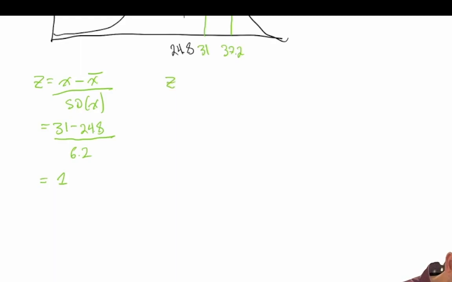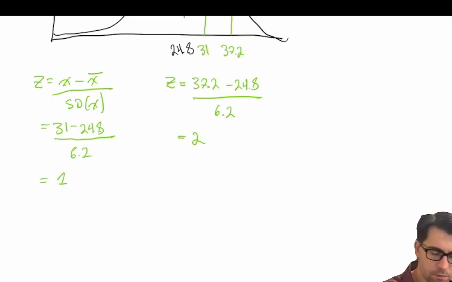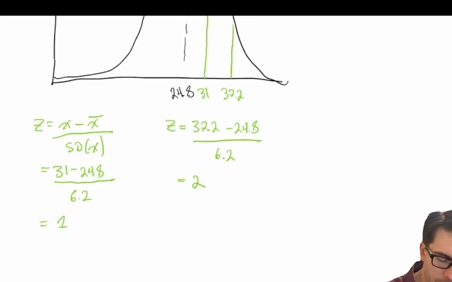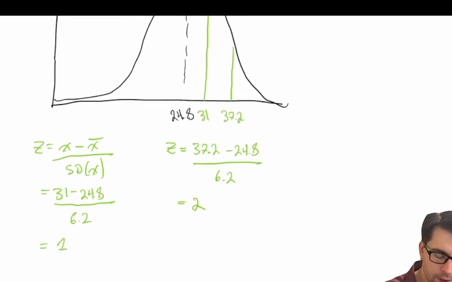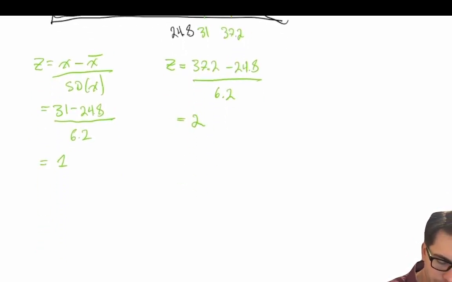Now our z-score associated with a value of 37.2, so 37.2 minus 24.8 divided by 6.2 gives us a z-score of 2. So we want to know what is the probability that is within these shaded regions.